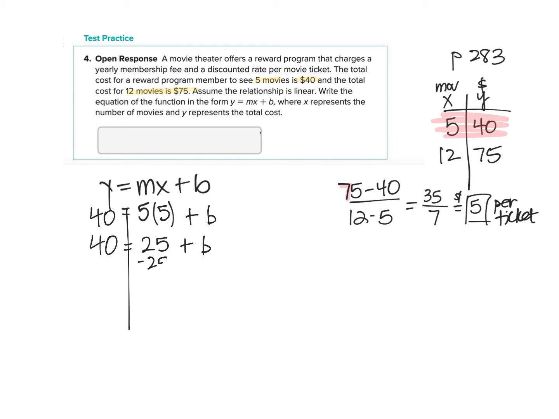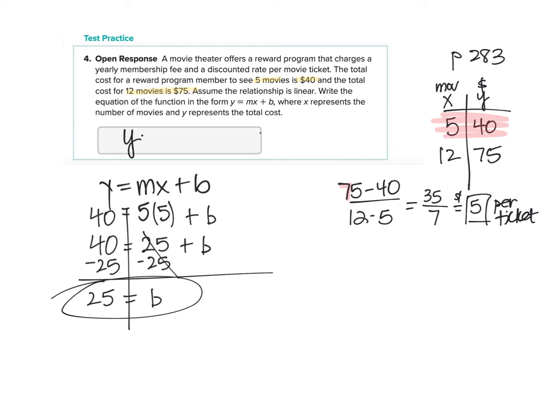I'm going to subtract 25 from both sides, and I end up with b equals 25. So my membership fee for the year is $25. So my final equation is y equals, it was $5 per ticket plus my membership fee of $25.